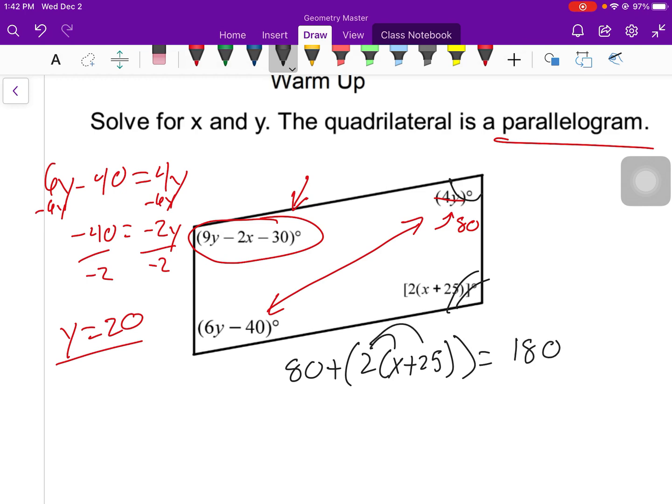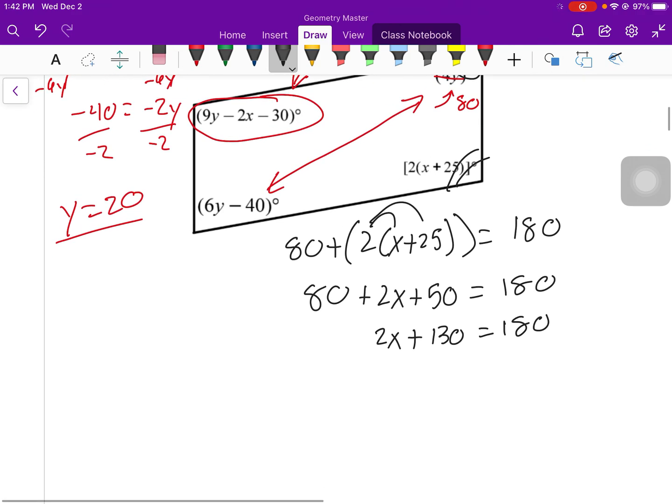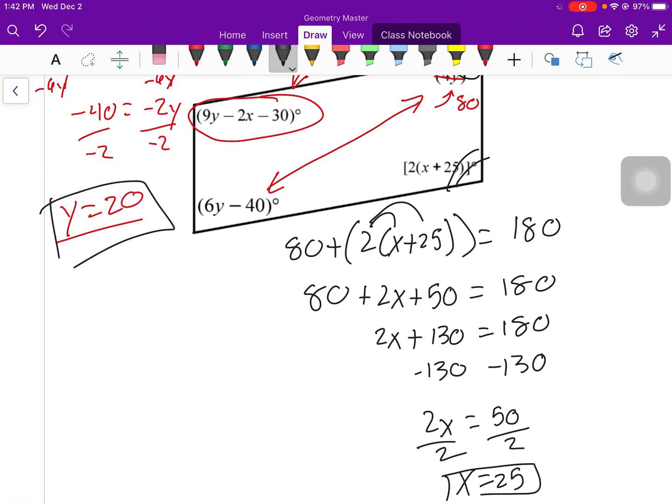Now I've got to be careful. I've got to distribute. So 80 plus 2x plus 50 equals 180. So 2x plus 130 equals 180. Subtract 130 from both sides. 2x equals 50. So x equals 25. Those are my two answers.